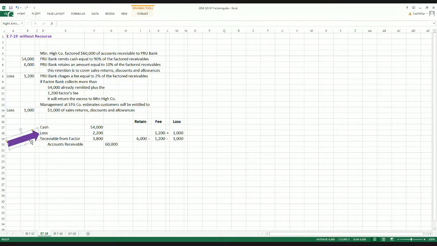So our loss is going to be the $1,200 factor fee, the 2% fee, and the $1,000 that we estimate for sales returns and sales discounts. So we're going to book a loss of $2,200, and we're hoping to get $3,800 back from the factor. That's the $6,000 retention, less the $1,200 2% fee, less the $1,000 we estimate for discounts, allowances, and returns.